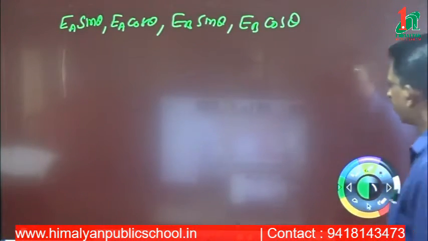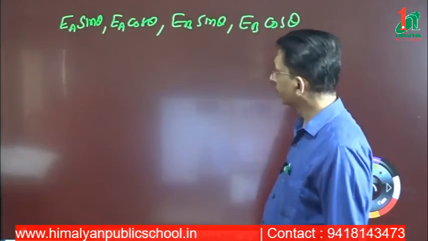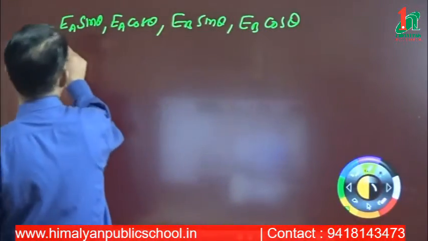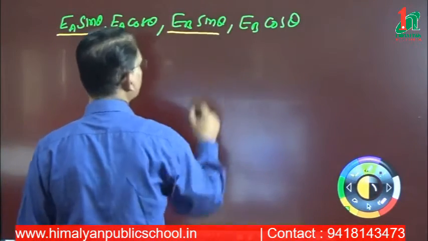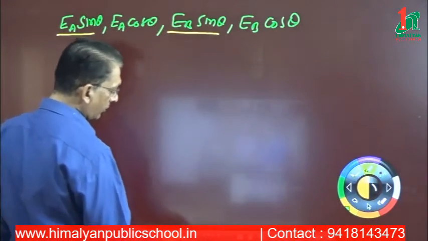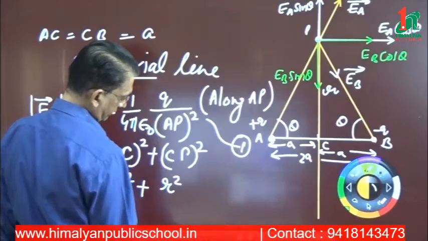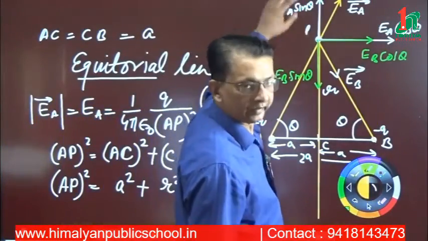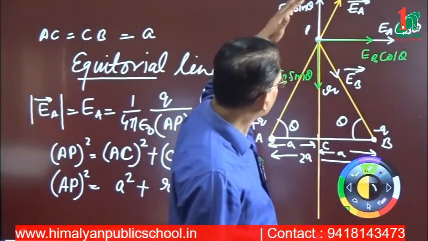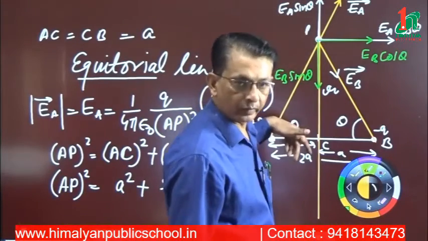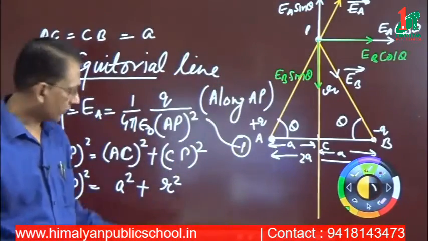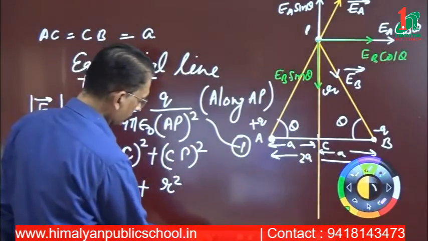If you observe the diagram, the components EA sin theta and EB sin theta are both equal and opposite. EA sin theta is towards upward, EB sin theta is towards downward, and EA is equal to EB. Here we have proved it.